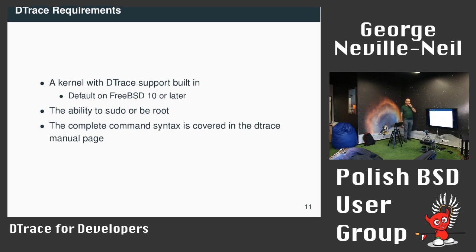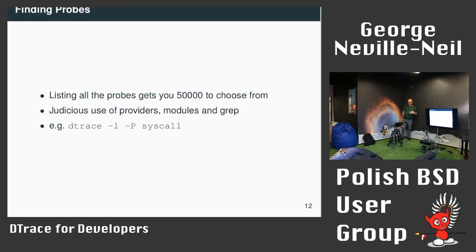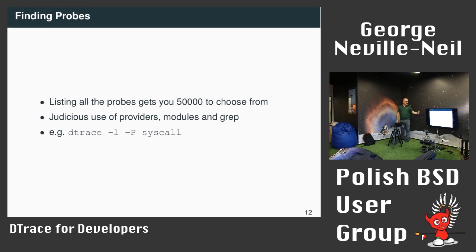Okay, so in that previous slide, I pointed out that during that particular compile of my kernel, I had 50,000 probes. Right, so how do I find a probe that I want? So you can do things like you can say, show me all the probes in the syscall provider. You can actually do it by module, so you can find the probes that are in your KLD.